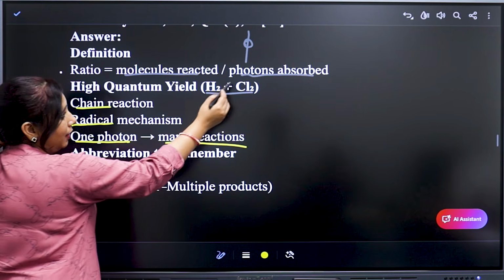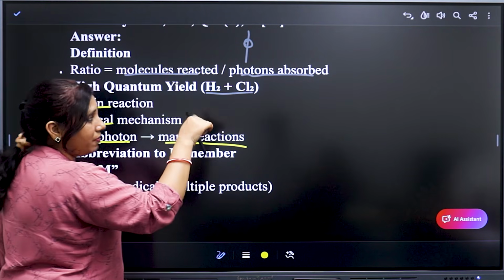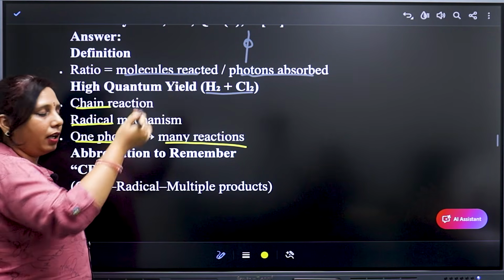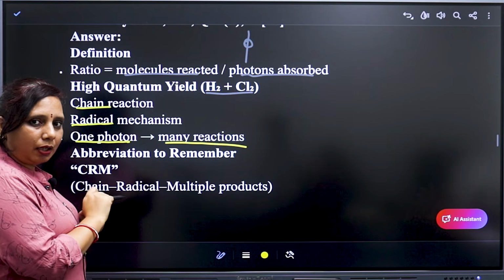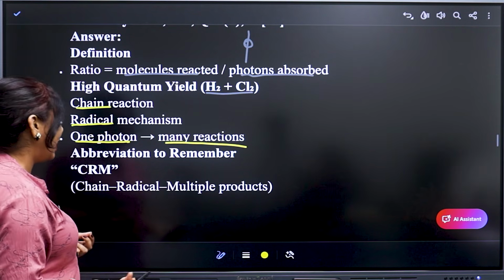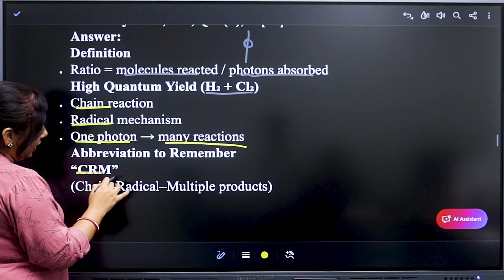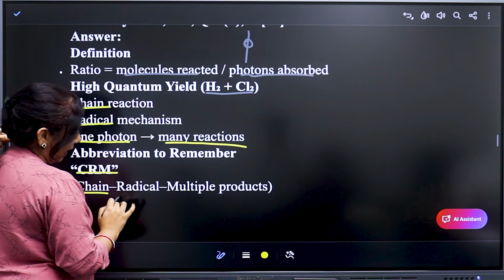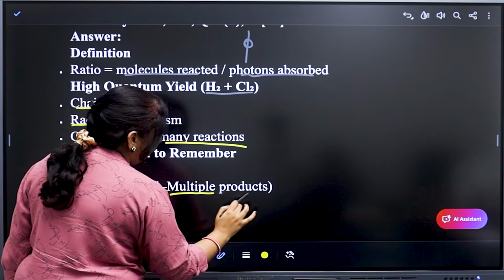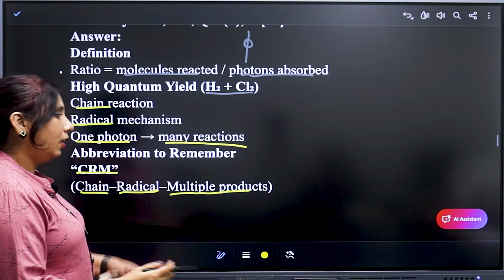So the denominator is very small but the numerator is very high. That's why the quantum yield of this reaction is extremely high. You can remember this as CRM: chain, radical mechanism, and forms multiple products.